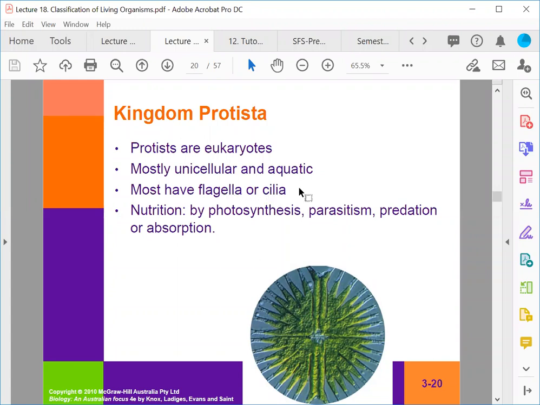They look like little hairs. They're not hairs. They're actually projections of the cell which enable the organisms to move around. They are very diverse. Some of the protists can photosynthesize, others are parasites, others are predators, and some gain their nutrition by absorption.